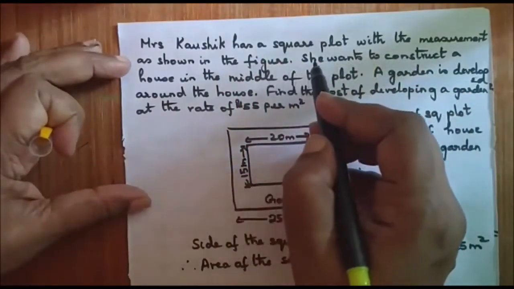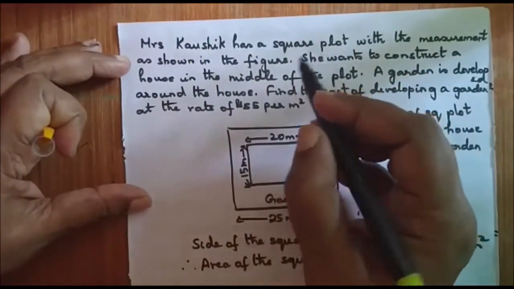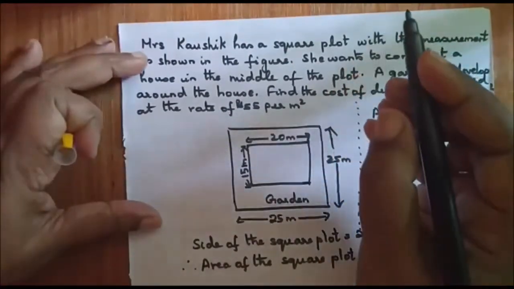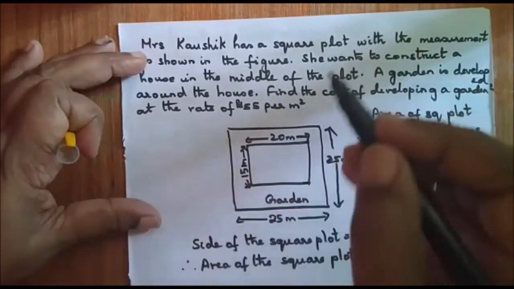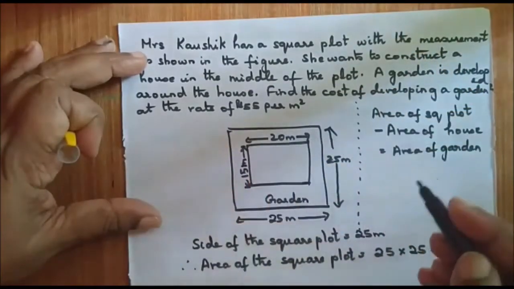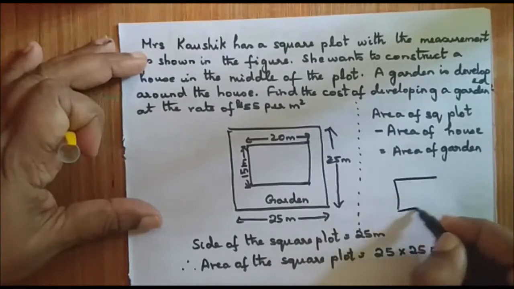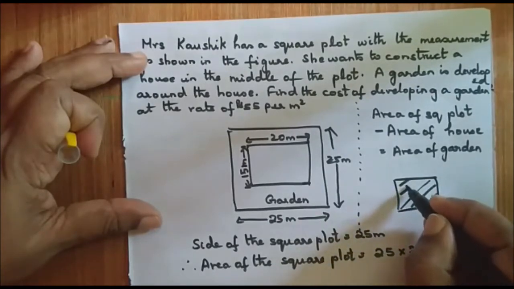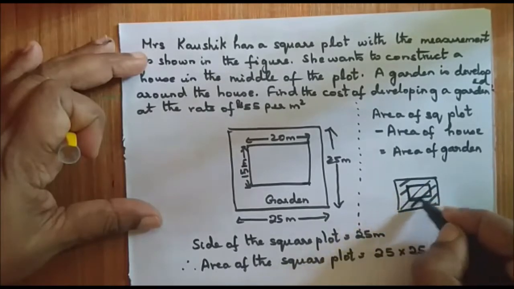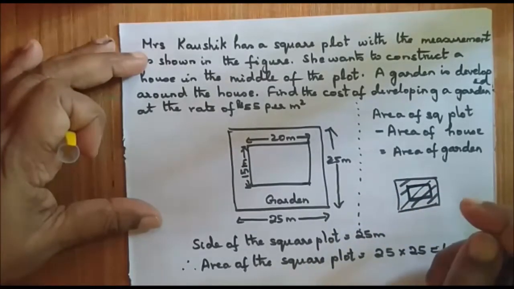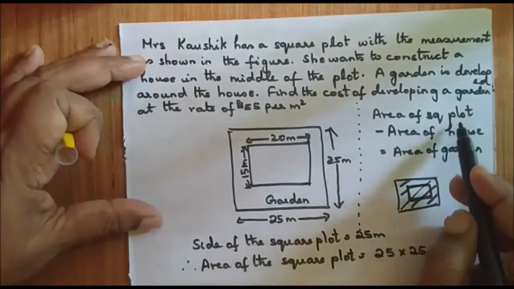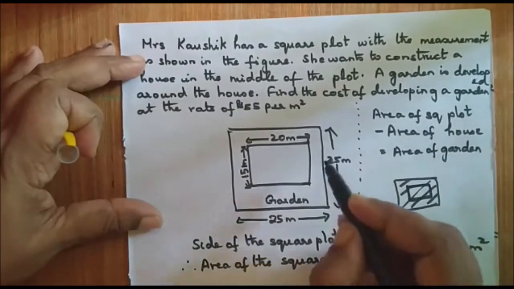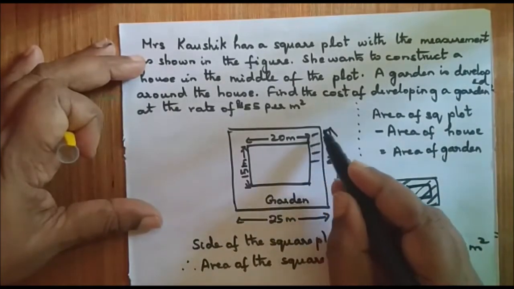See, whenever you are asked to find the garden or any pathway or anything like that, you have to go for the area. If I take this to be the plot, this full area I have to find out. From that I have to subtract the area of the house. The area of the square plot minus the area of the house will give me the area of the garden which has to be developed.